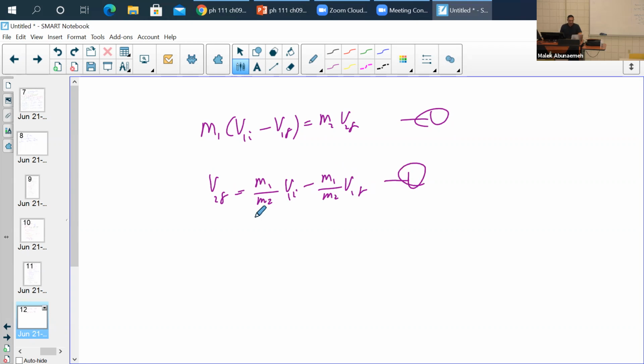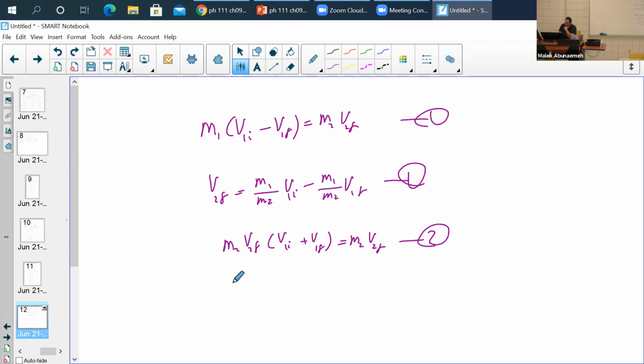And we had equation number two, which was M2 V2 final times V1 initial plus V1 final is going to equal M2 V2 final squared. That was our equation 2.